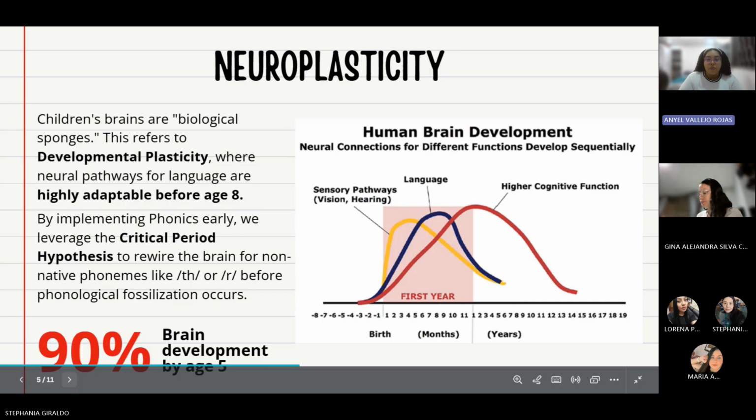When children are exposed to English phonemes early, their brains begin recognizing sounds and patterns that do not exist in the native language that the child has, like maybe in this case, Spanish. So this can also help to prevent fossilization. That means pronunciation mistakes that become permanent over time. Next, please.